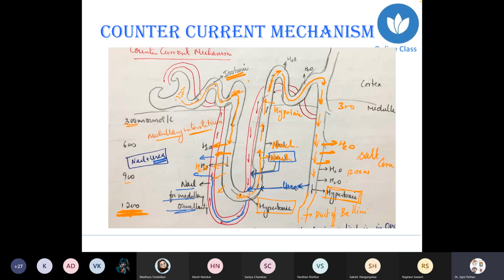Who maintains the medullary interstitium osmolarity from 300 to 1200 is NaCl and urea. NaCl is coming from the ascending loop of Henle, whereas a small amount of urea is from the collecting duct. This too contributes to maintaining the medullary interstitium gradient.